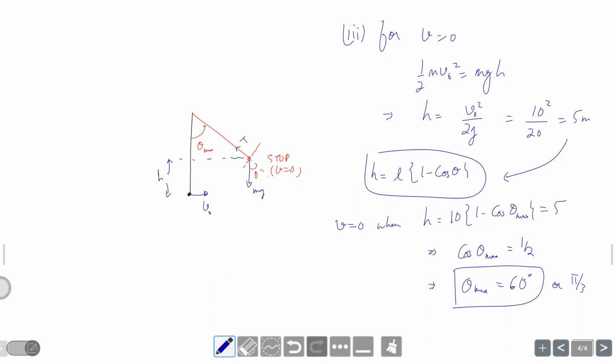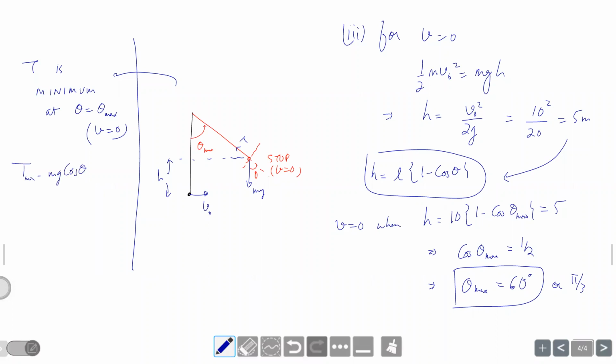And from that you can see that tension is minimum at theta equal to the maximum angle, when V is 0. So the minimum tension is such that this should be equal to it.